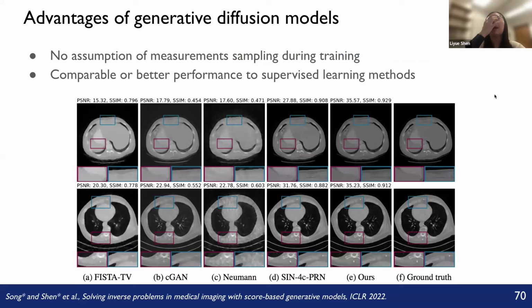And here are some examples where we do such posterior sampling for CT reconstruction from sparse view samples.